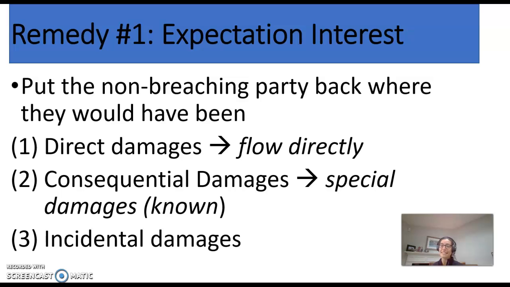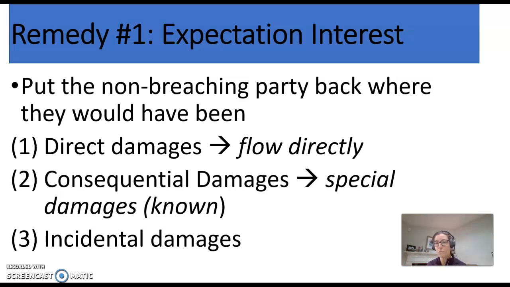Those are known as incidental damages, and ACE can recover those as well as part of their remedy under expectation interest. So when we talk about expectation interest, we tell ourselves these are the types of damages that are available, the type of remedy that's available that can put the non-breaching party back in the place they would have been in had the breaching party performed.